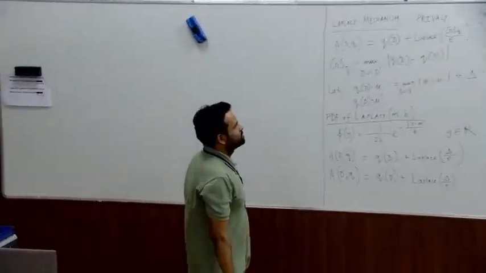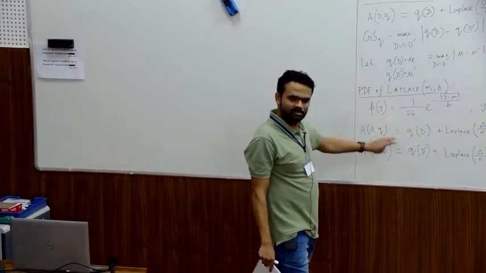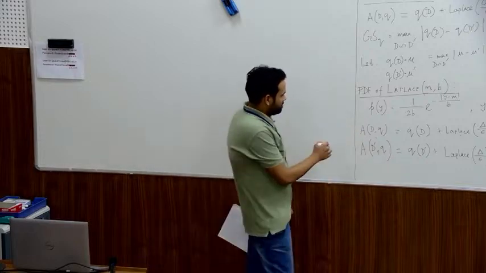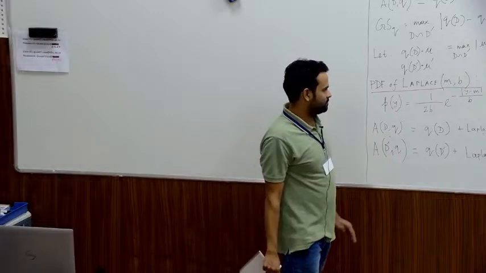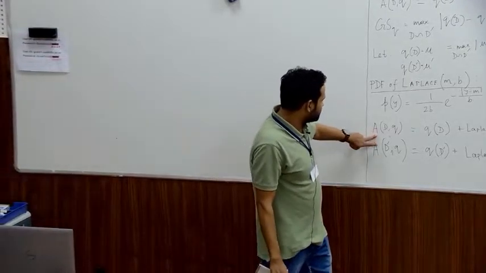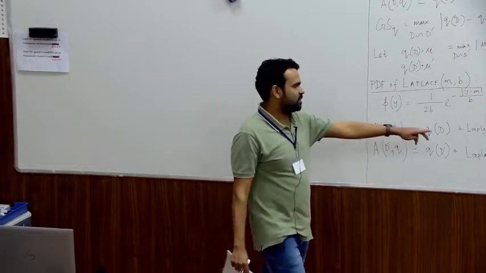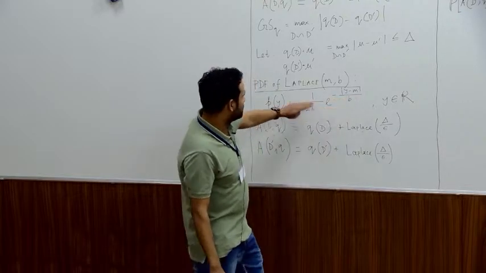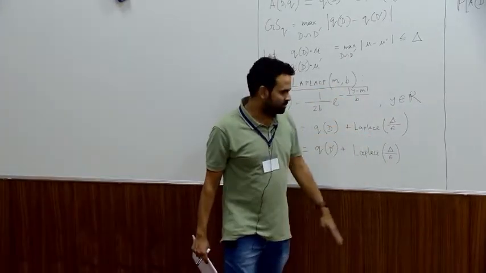Let us now write the probabilities in terms of the PDF of the Laplace distribution. You can see that A(d, q) is a random variable. It is given by q(d) plus Laplace of delta by epsilon. So what is the mean of this random variable A(d, q)? It's q(d), because Laplace with zero mean shifted by m has mean m, and if we put m equal to 0, this is Laplace with zero mean.